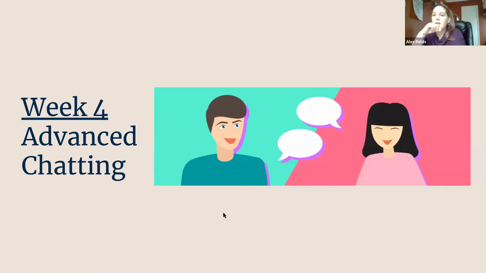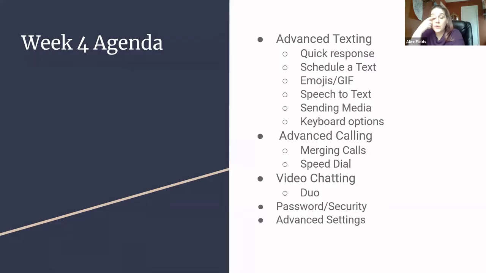Perfect. Okay, so welcome to week 4, and this week we're going to be going over advanced chatting and advanced functions on your phone. So a quick overview of the agenda today. Like I said, we'll be going over advanced texting. We'll talk about how to schedule a response, send a quick response, send emojis and GIFs, speech to text, semi-media, and keyword options.